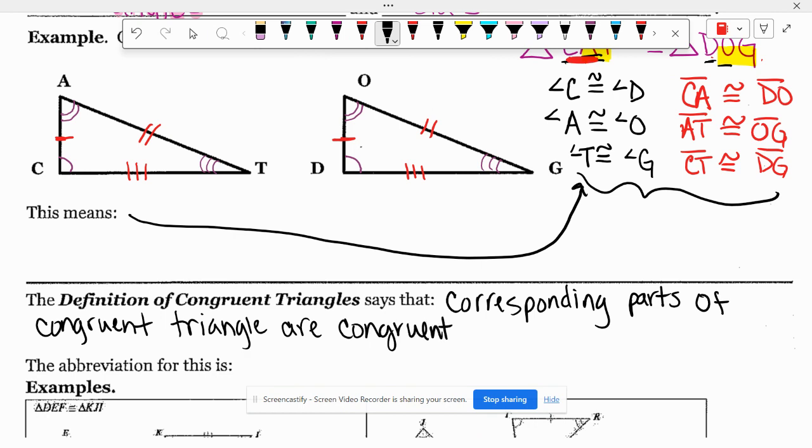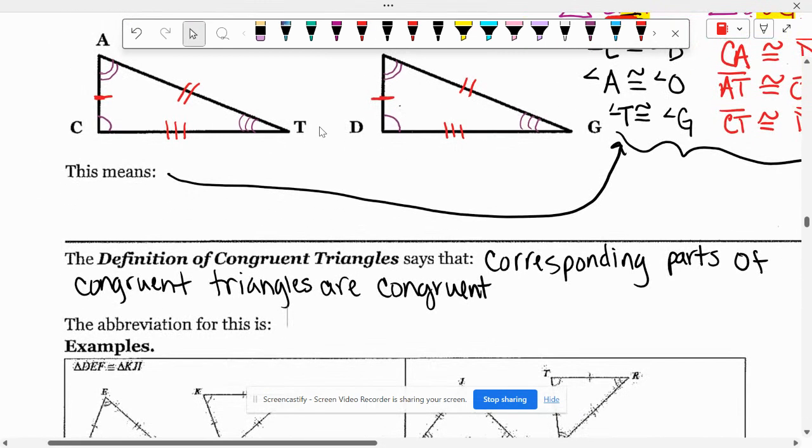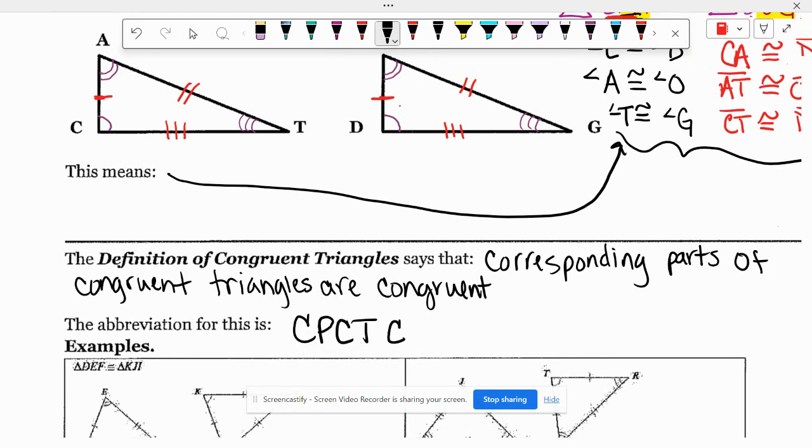Well, that's a mouthful. If you have to say that every time you're trying to say something about the angles of a triangle, so we use an abbreviation for that. We say C, P, C, T, C. Corresponding parts of congruent triangles are congruent. CPCTC.